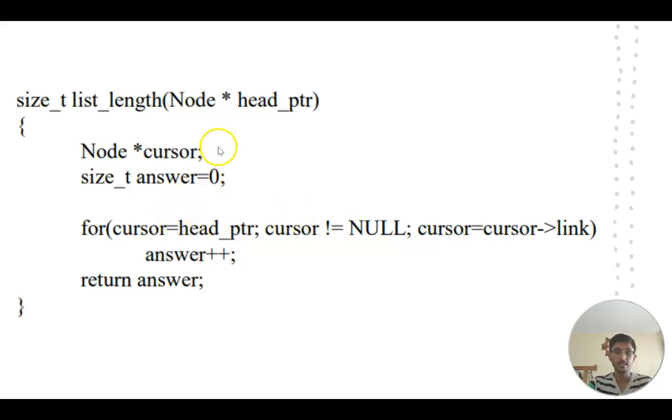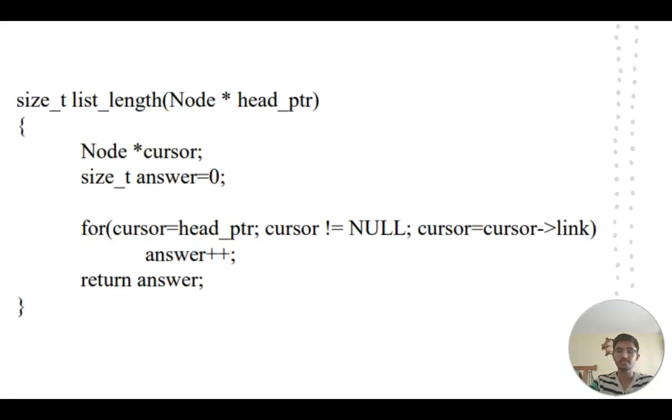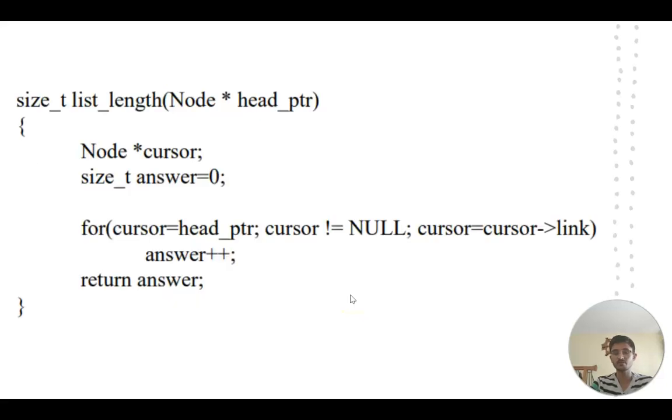Then searching the list for an item, because now you cannot just say array of 5. You have to actually traverse it and search it. Locating the fifth node, let's say if you want to know what the fifth node contains, means traversing. Removing a node at the list head, and removing a node which might not be at the list head. Say if you wanted to remove this 14.6, you would have to traverse.